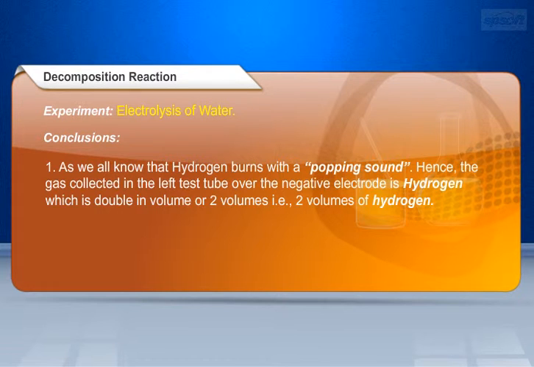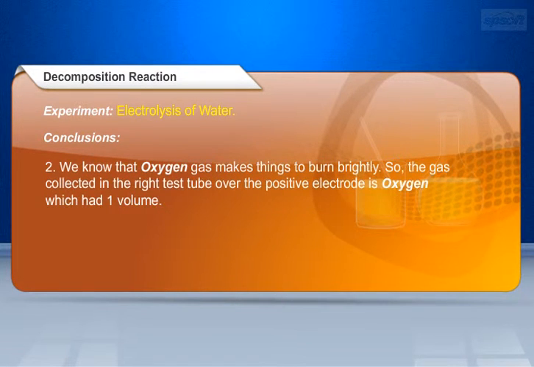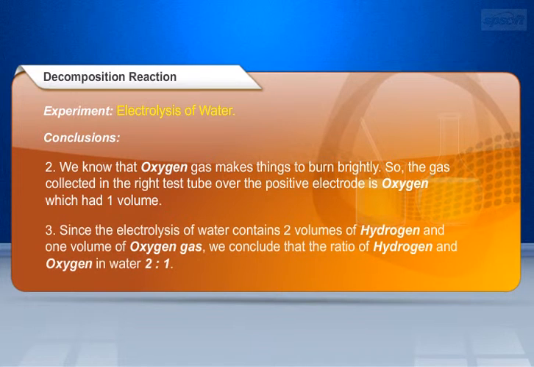So, the gas collected in the right test tube over the positive electrode is oxygen, which has 1 volume. Since the electrolysis of water yields 2 volumes of hydrogen and 1 volume of oxygen gas, we conclude that the ratio of hydrogen and oxygen in water is 2:1. The chemical equation for the reaction is.